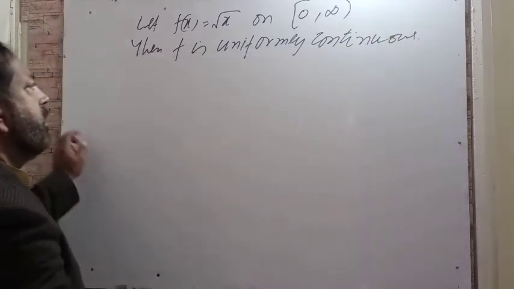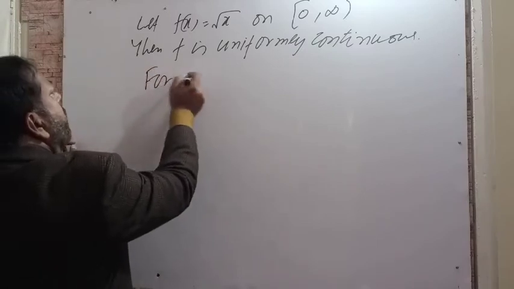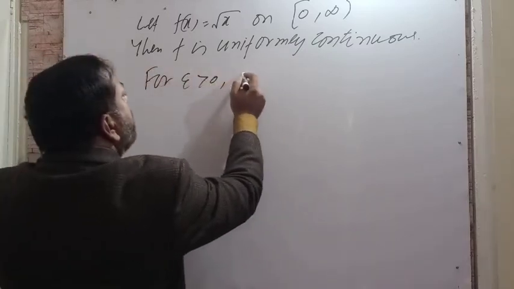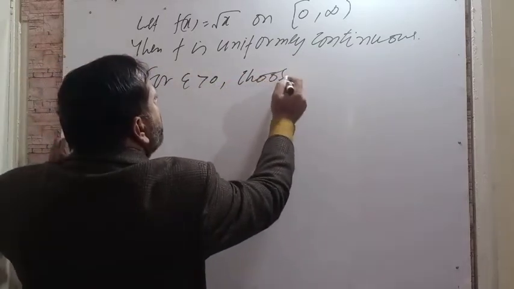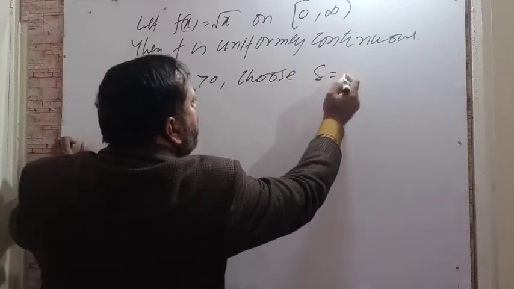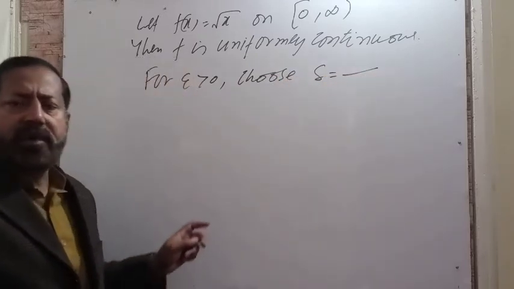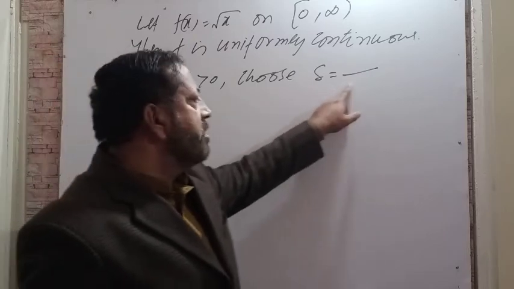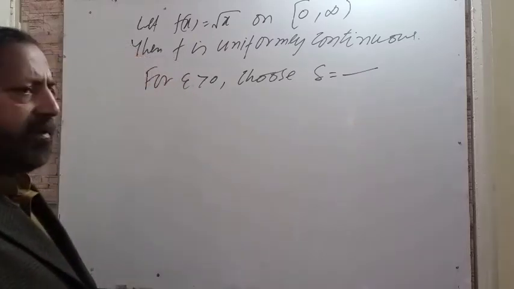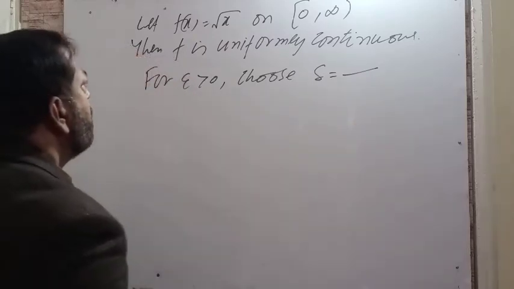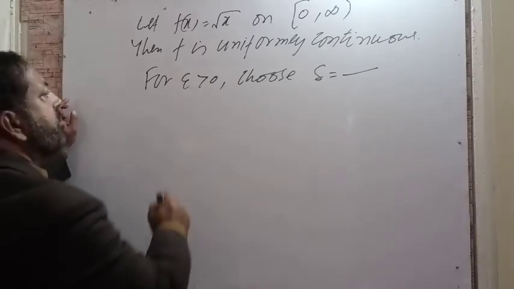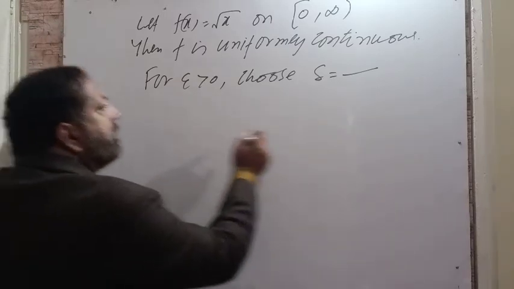Again, for epsilon positive we choose delta equal to, I am leaving this space. After finding the calculation, I'll write delta equal to what, so that the definition is satisfied.